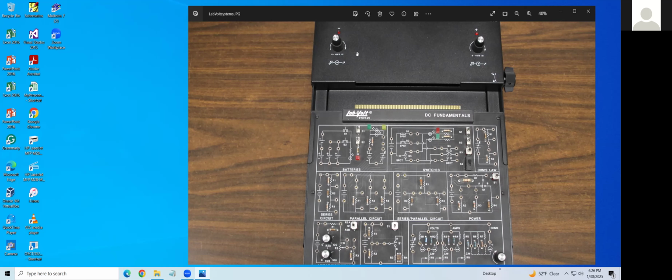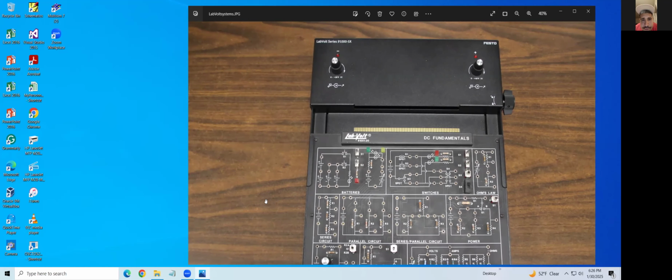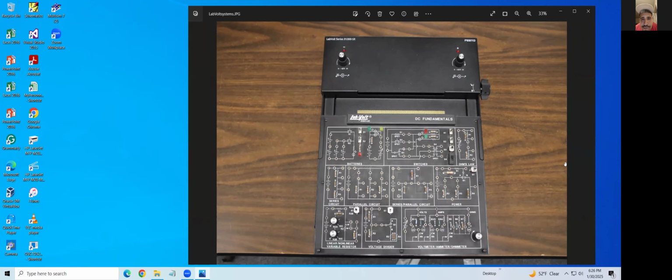This is the power supply for the circuitry. On the right side here is positive, maximum 15. On the left side will be negative.